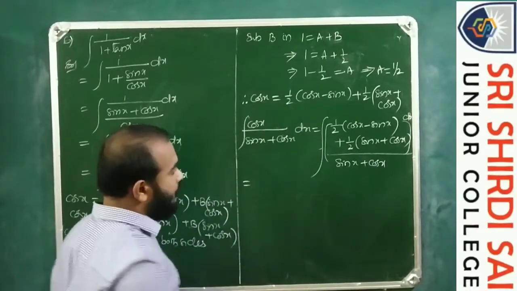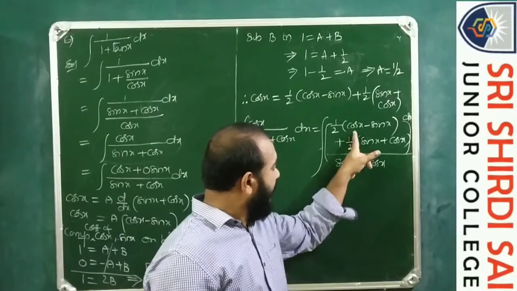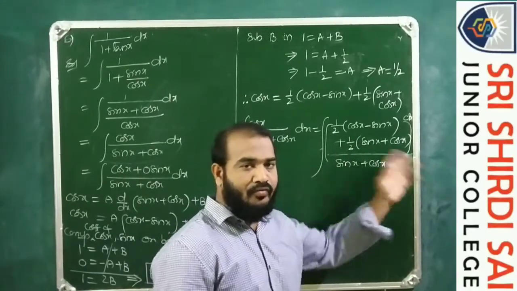This is of the form a plus b by c, so a by c plus b by c, with the integral dx distributed for both of them.